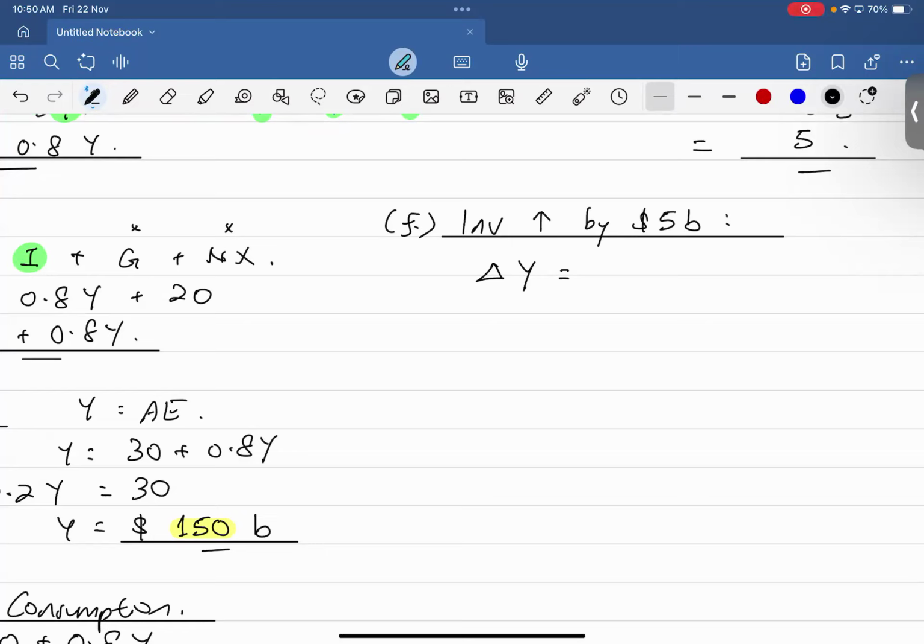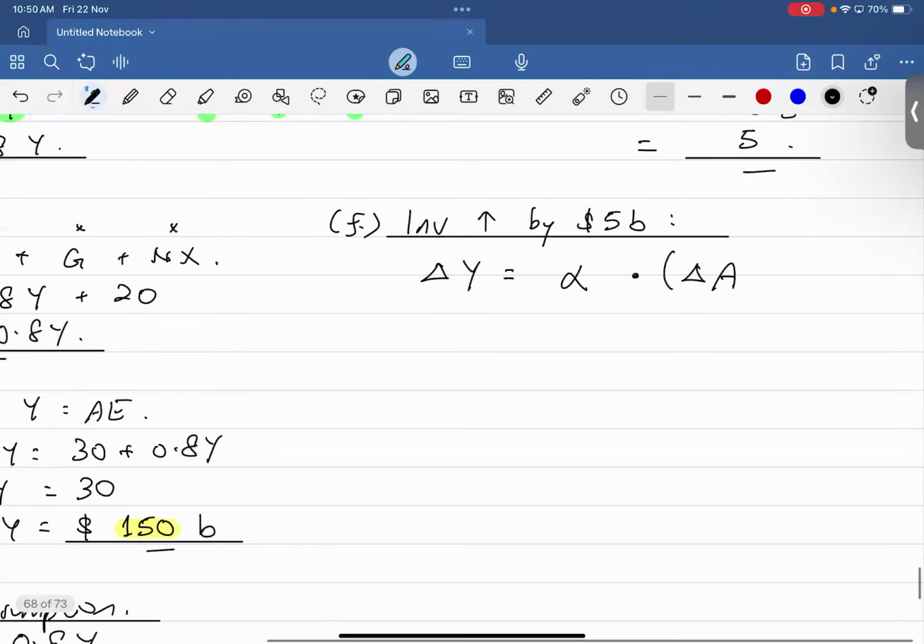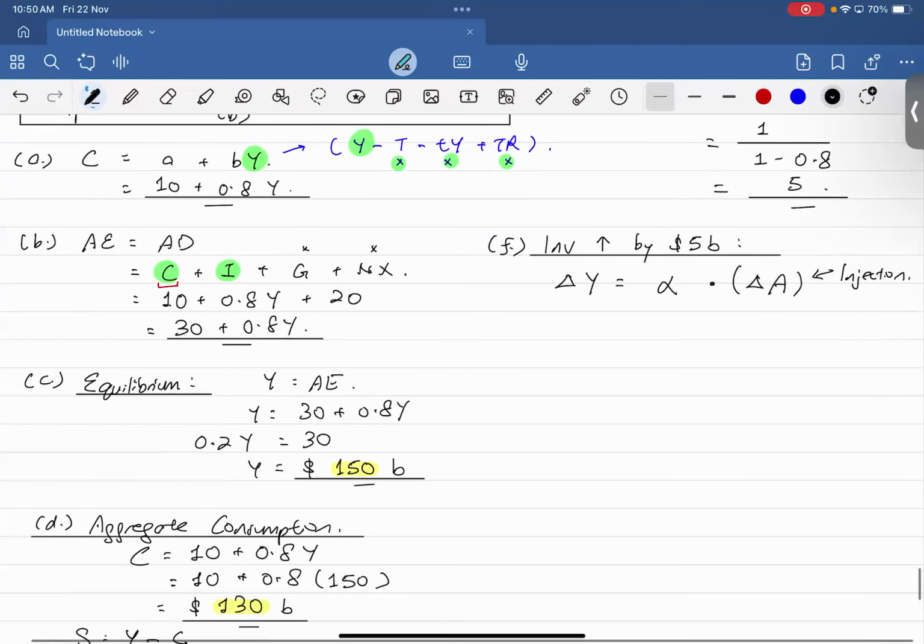So I use the multiplier times any injection, capital letter A, injection. This is another formula you will need to know.